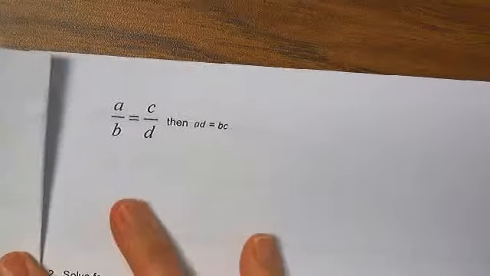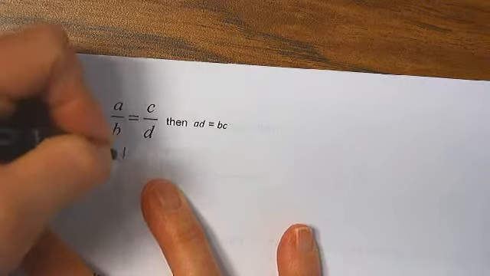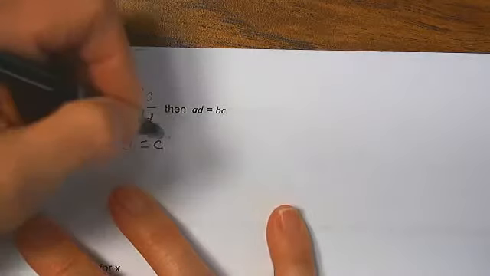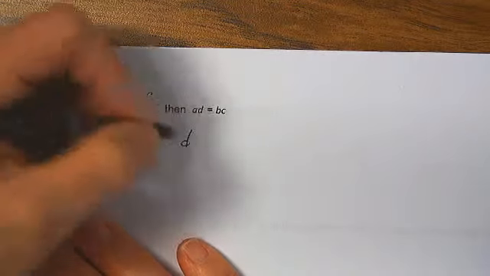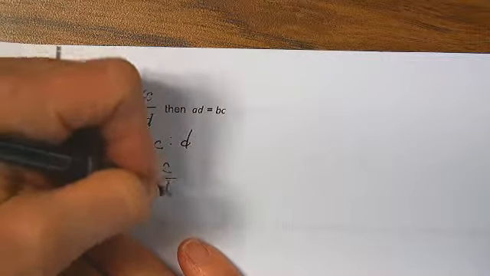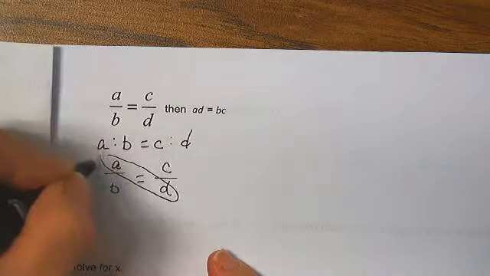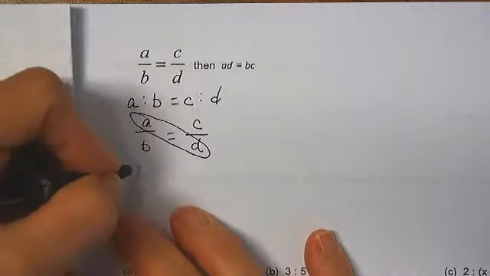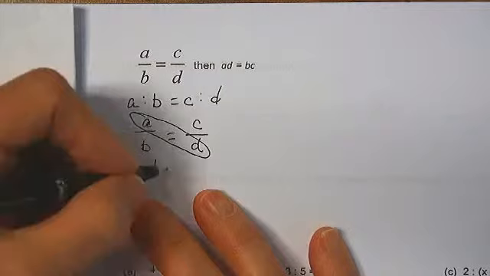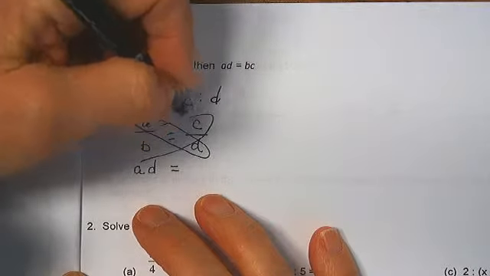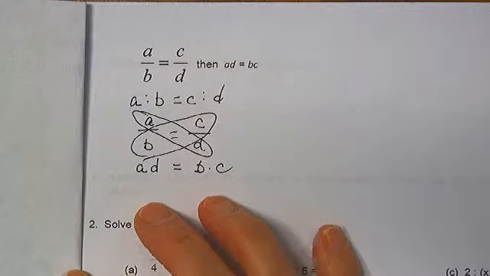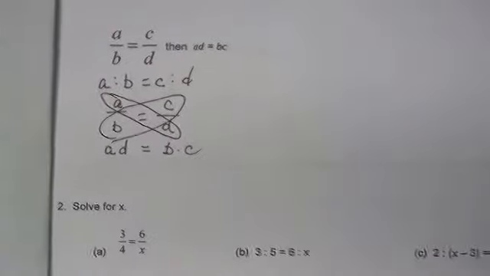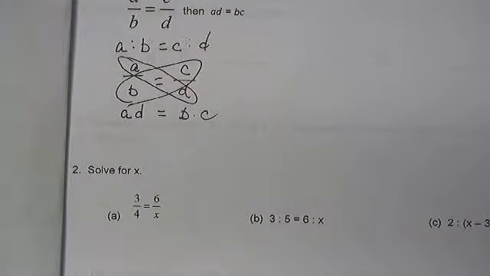So here, for example, A is to B as C is to D. A over B is the same as C over D. So we multiply A times D, and we set that equal to B times C. In the United States, we see this in 6th grade, sometimes earlier.